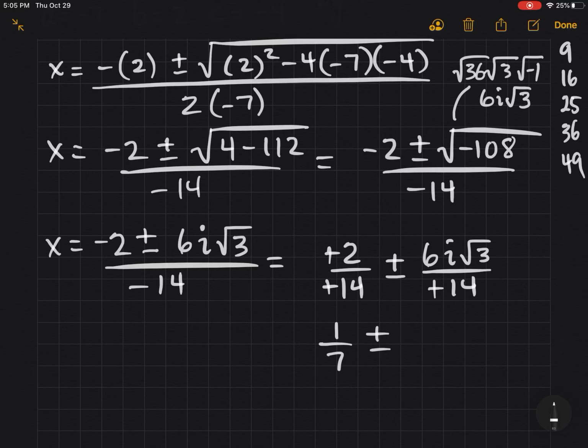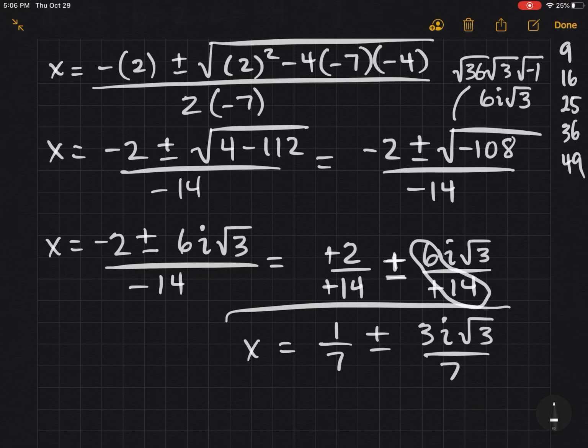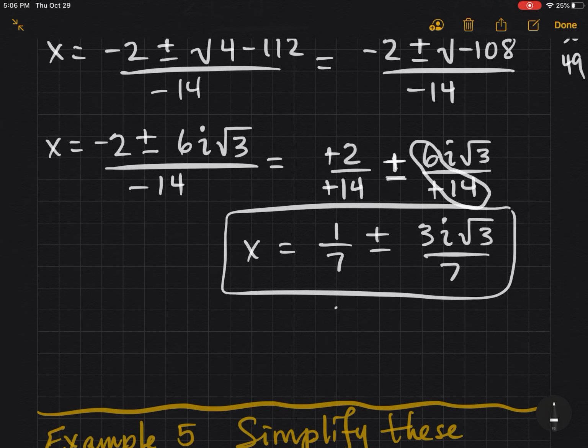And also, this goes away because we're going to get both signs anyway. So we don't need the negative. So now, let's see. I can reduce this part. 2 goes into the numerator 3 times, and 2 goes into the denominator twice. You can leave the answer like this, or since we have common denominators, you could mush it together.